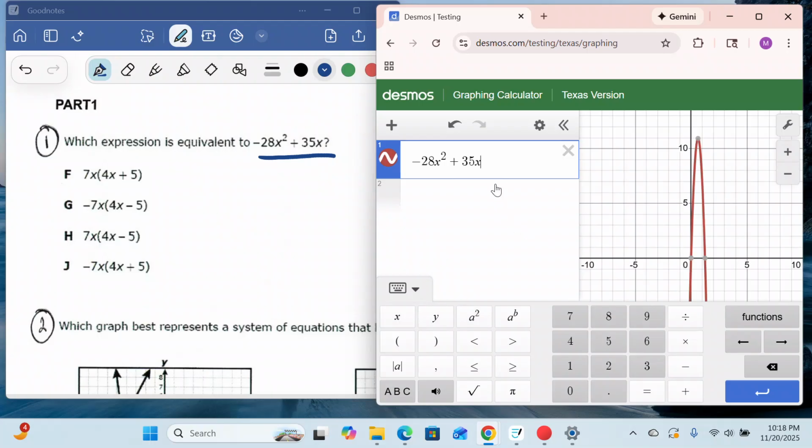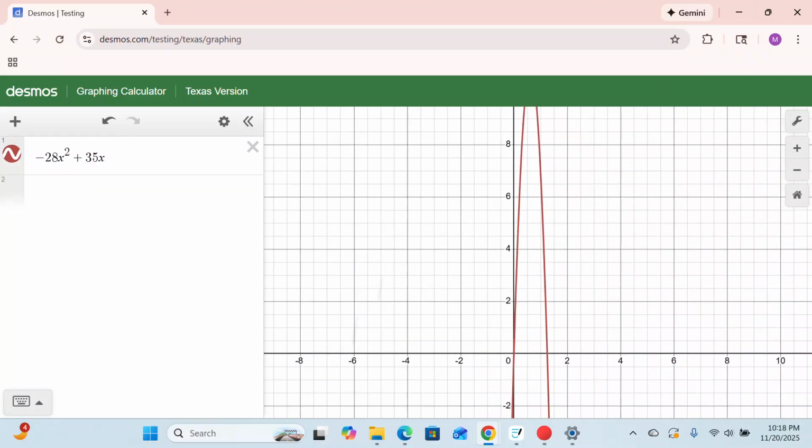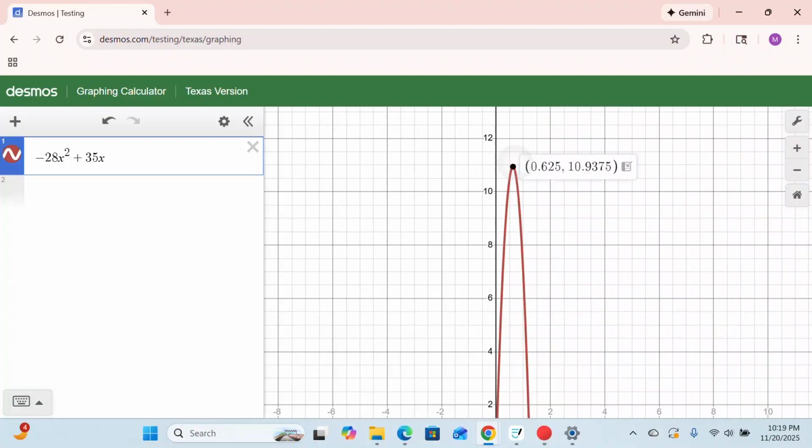We're looking at a quadratic, and if you see the quadratic, we do have a vertex. Right here, we have a vertex of 0.625 and 10.93. We understand that this is a maximum, a U-shape opening downward, because the vertex is at the very top.